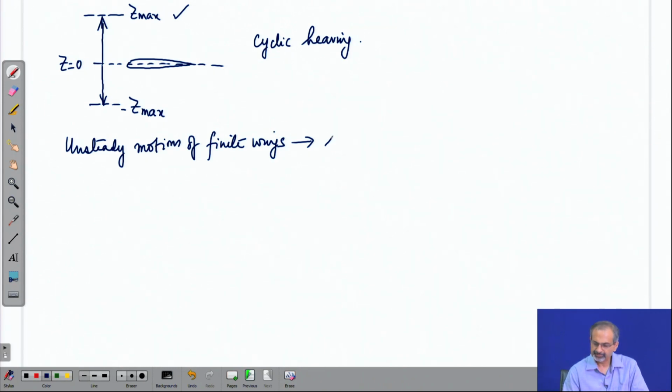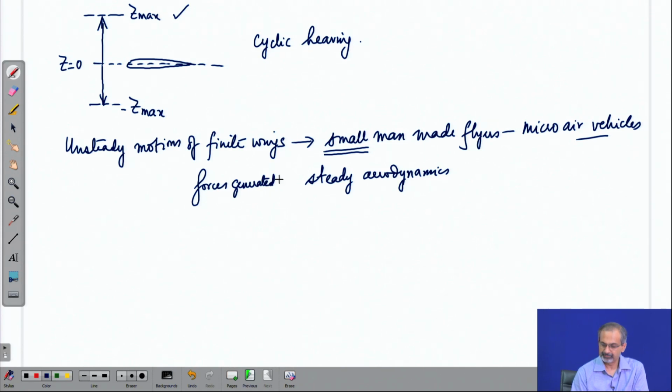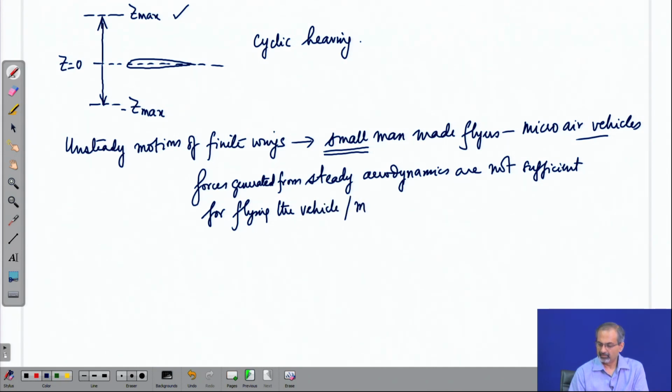So, in man-made flyers, the ones which are small scale flyers, typically micro air vehicles, what is often observed is that due to their small scales, the steady aerodynamics that we have already learnt about, say the thin airfoil theory, the Prandtl's lifting line theory, etc., the forces which you can generate from steady aerodynamics are not sufficient for flying the vehicle or perform the desired maneuvers or meet all the mission requirements.